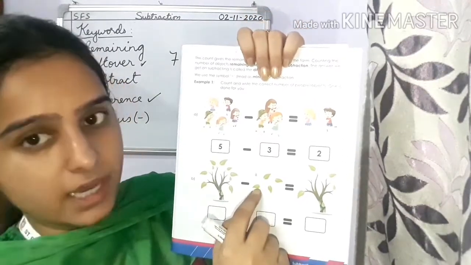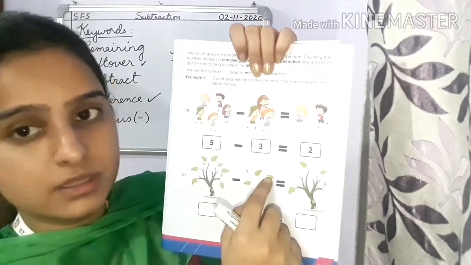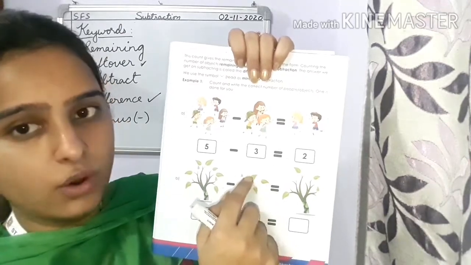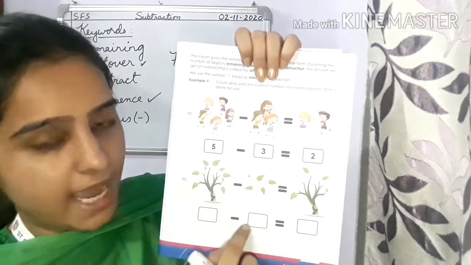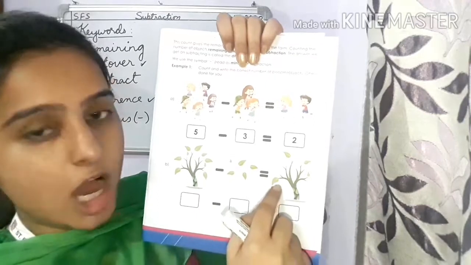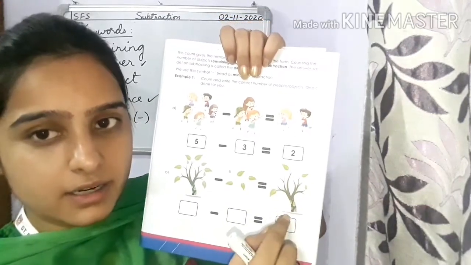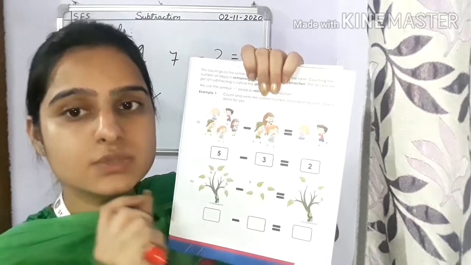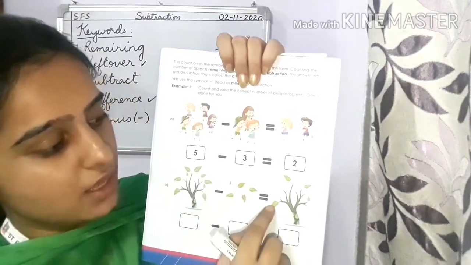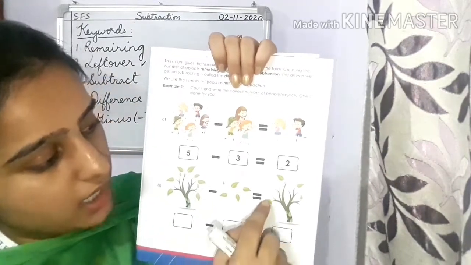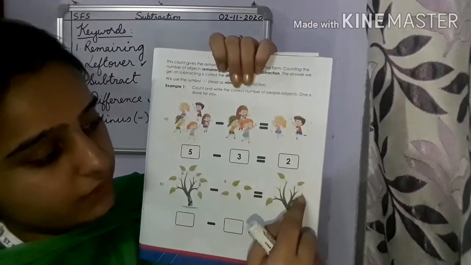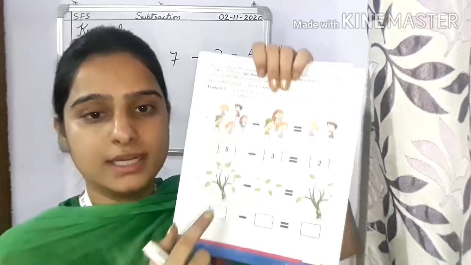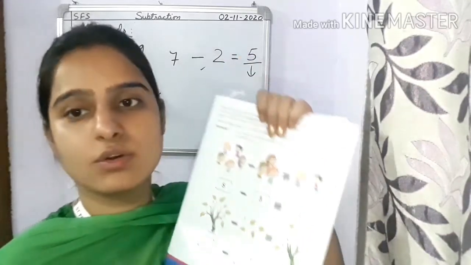Minus 1, 2, 3, 4, 5. 9 minus 5. How many leaves are here? Remain word I used, isn't it? It means we are doing subtraction. Let's count. 1, 2, 3, 4. So what will be the answer? 4. 9 minus 5 is 4.